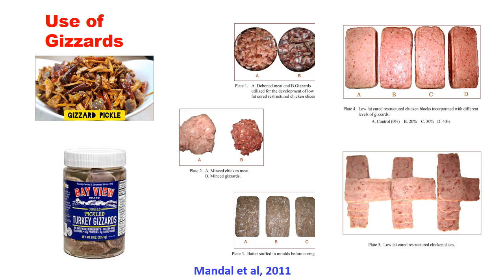The deboned chicken, after curing, we can partially grind, and along with that the minced gizzard can be mixed, and then we can fill it in a mold and steam cook it, and finally we have a cooked chicken block in which up to 10% of gizzard can be added, and that gives a better color also, and it becomes a very good utilization of gizzard in the ready to eat meat product from the chicken.